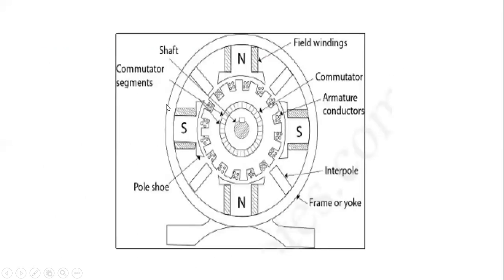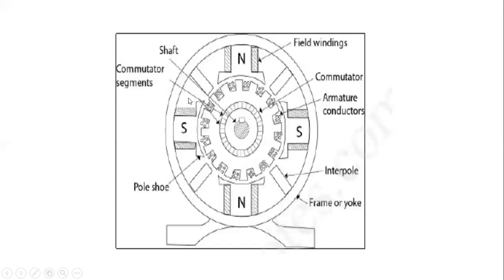This is the overall construction of a DC machine. Constructionally, we have the same parts for the motor and the generator.